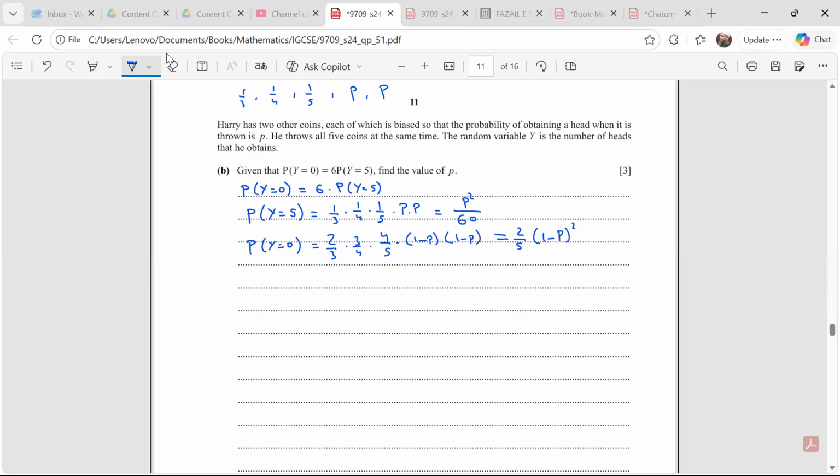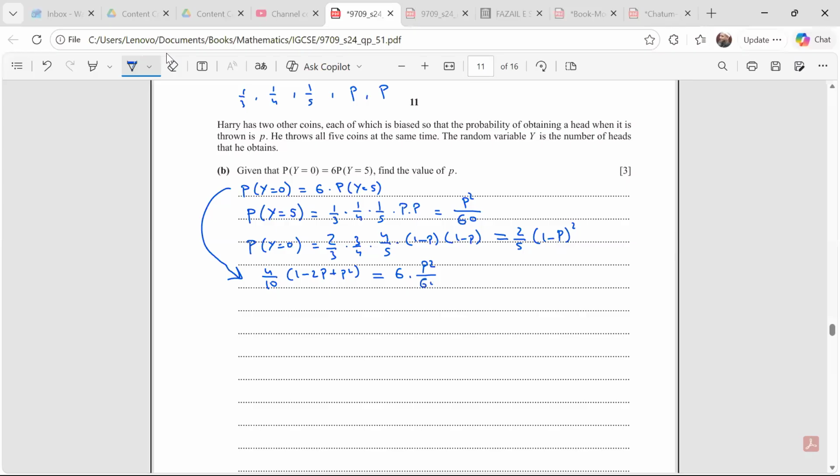Now, using this relationship, the probability that y is 0 is 2 by 5, or let me call it 4 by 10. And if I open this bracket, it is 1 minus 2p plus p square, right? So this is equal to 6 times the probability that y is equal to 5, which was p square by 60.